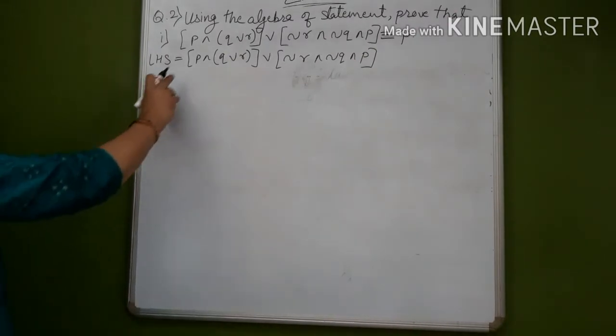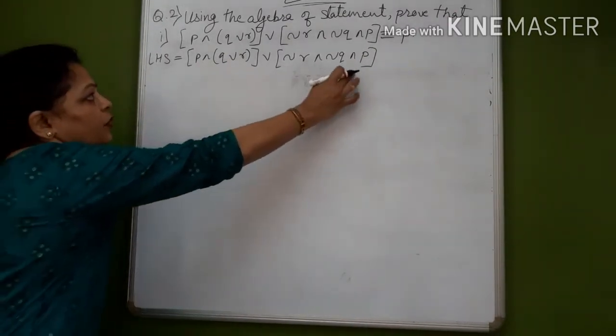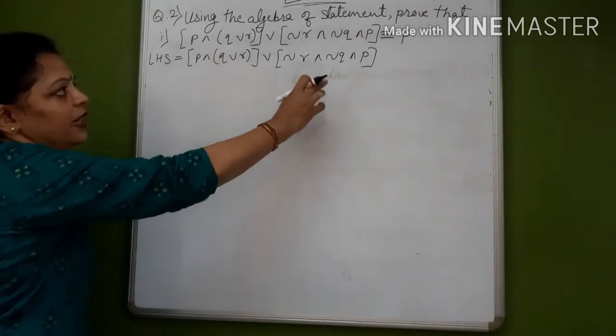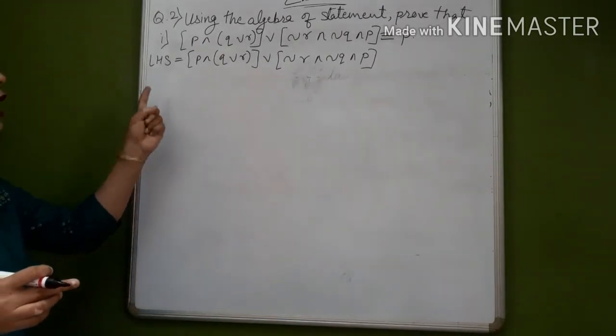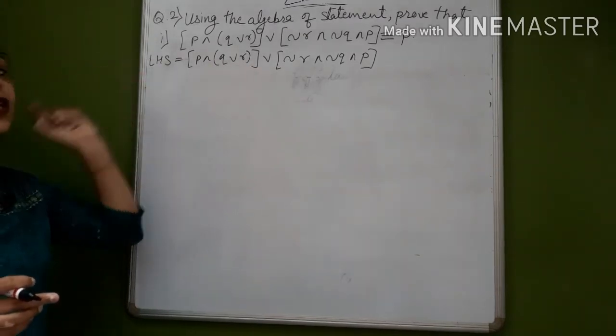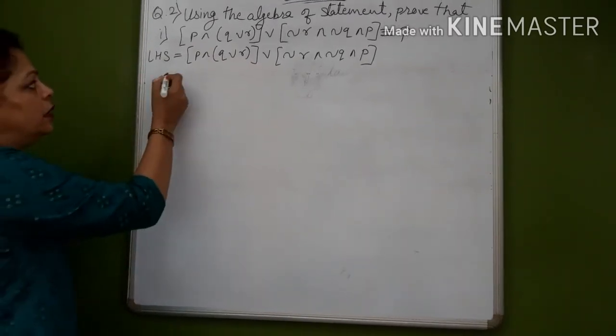Now see, if you observe, P is common in both the brackets, but it is not in the same order. So what we will do is just interchange their places and bring them in the same order as in the first bracket.